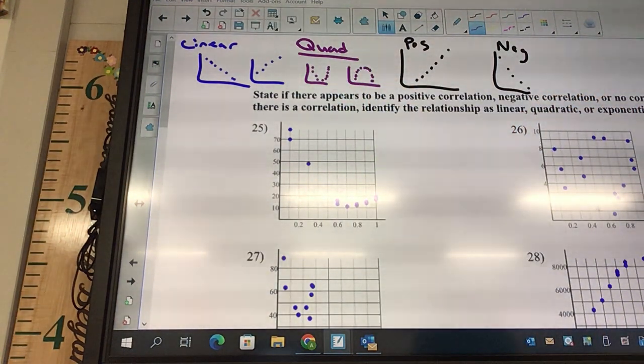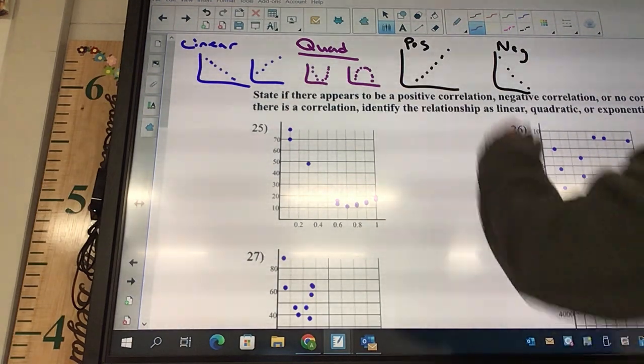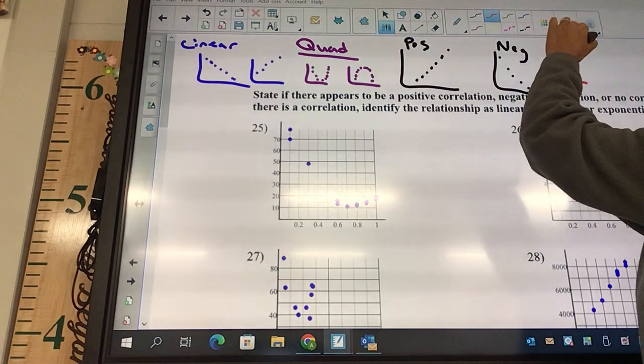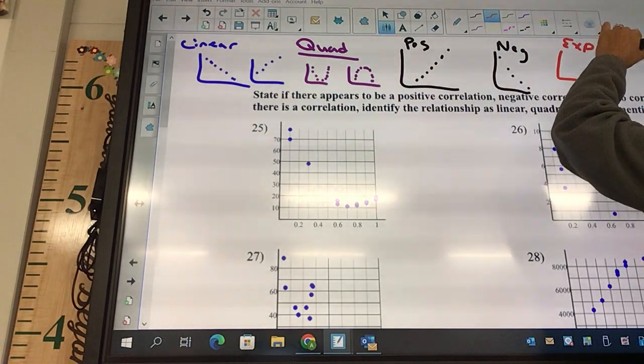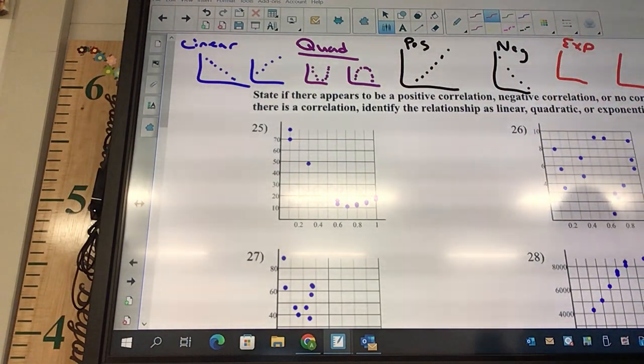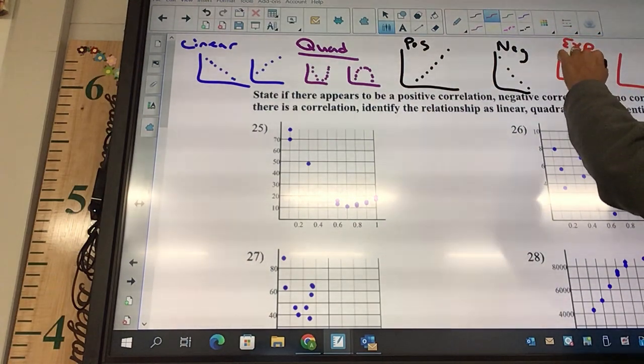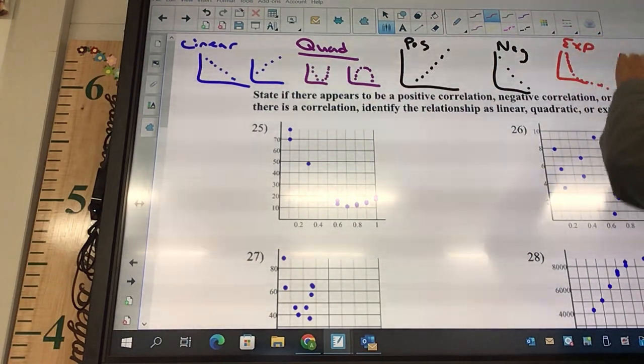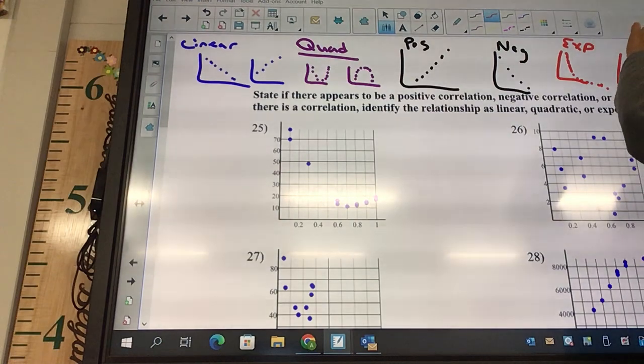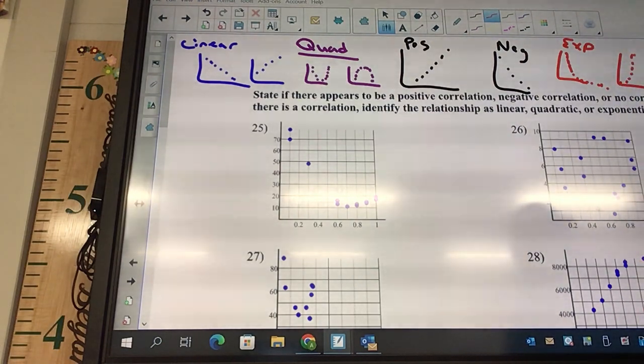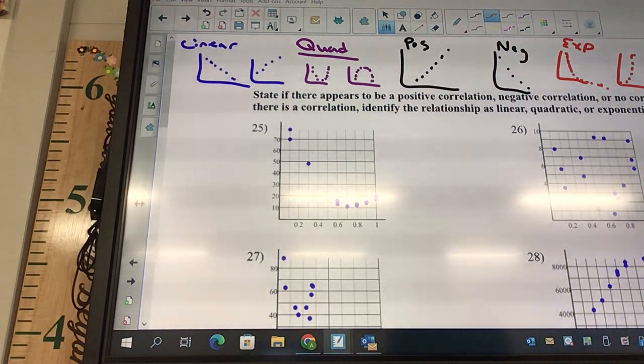If it's pointed up, obviously it's going to be positive. And then lastly, we have exponential. It looks like a mix between a linear and a quadratic. It's going to start off and then go down really fast, or it's going to shoot up really high. Those are your options, and then no correlation is just where they're all spread out. You really cannot connect the majority.